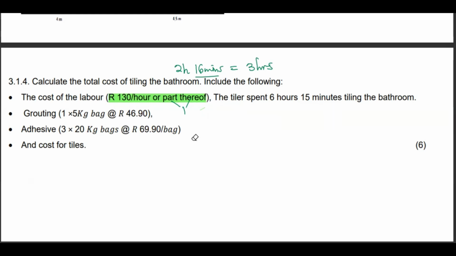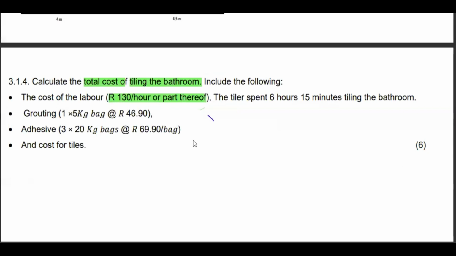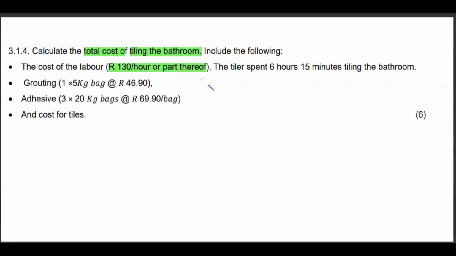So here we go. Let's start and we perform our calculations. Remember we are looking at the total cost of tiling the bathroom. The total cost includes the cost of labor, whereby, remember, the person is going to spend 6 hours 15 minutes.